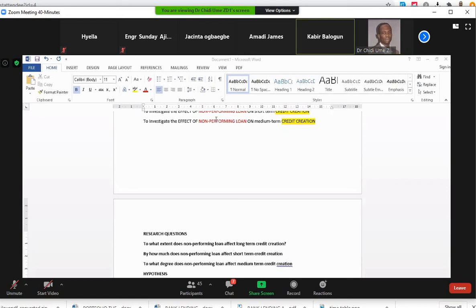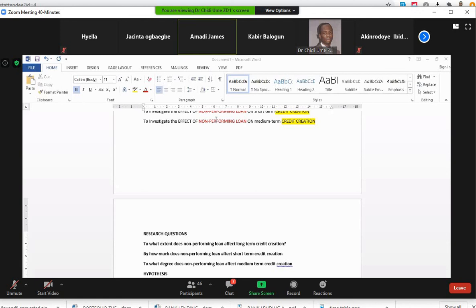Yes, sorry, Doctor. Can you state the sequence again? From the problem, objectives are created. Objectives are the things you want to do to address the problem. Then what comes out of the problem will be the broad objective. Out of the broad, you uncouple the broad to create the specific objectives. Then out of the specific objectives, you raise research questions.